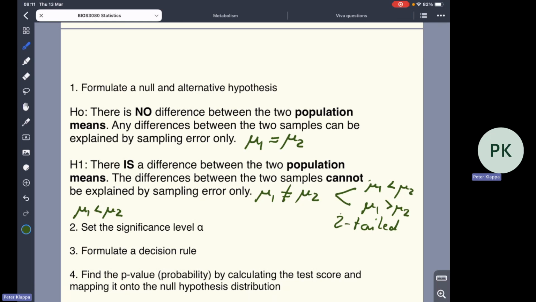So we have only one option here. That would be a one-tailed test, because we only say we are interested in whether it is smaller. Anything else is of no interest. A two-tailed test says it's different. And I encourage you, wherever possible, always go for a two-tailed test. Yeah, always go two-tailed.